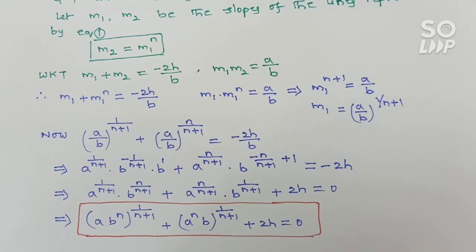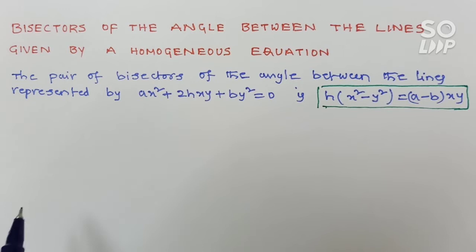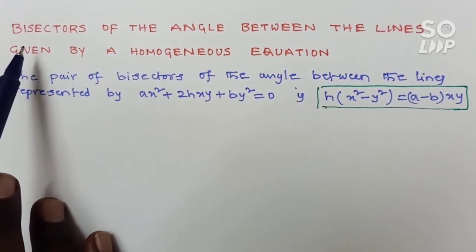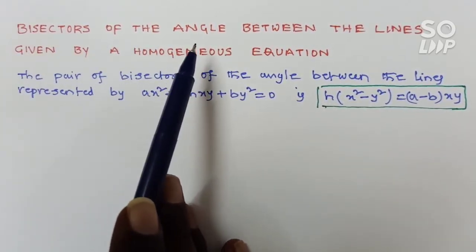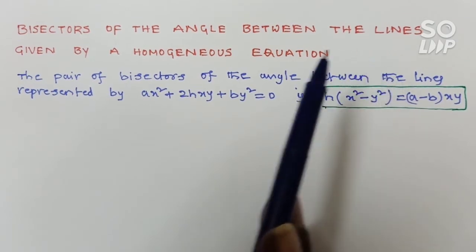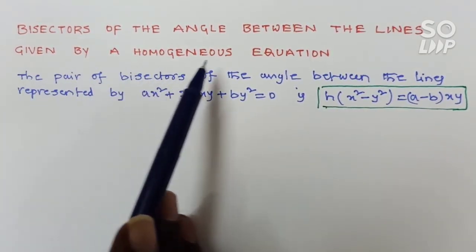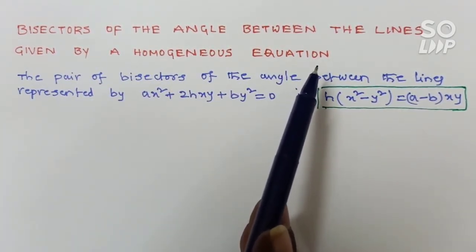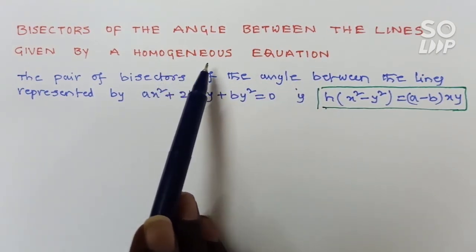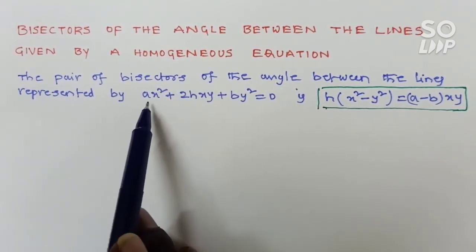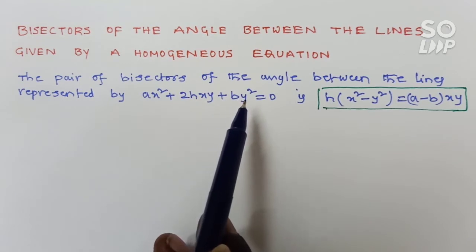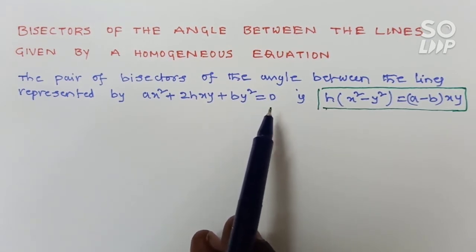Now we will see one more concept. See the next concept: bisectors of the angle between the lines given by a homogeneous equation. You know what the homogeneous equation is: ax square plus 2hxy plus by square is equal to 0.